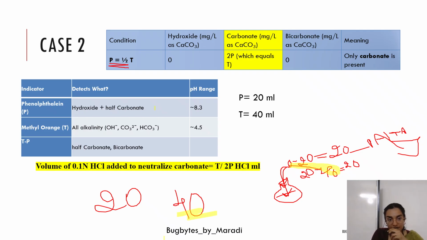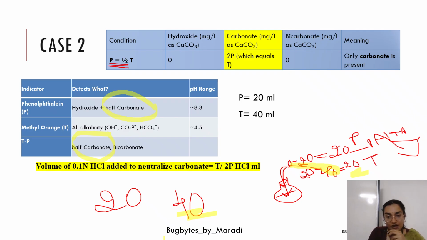So 20 ml neutralizes this half of the carbonate, and the remaining half of the carbonate is neutralized in the remaining section, that is T minus P, the remaining 20. T is nothing but this result that we have got. I'm extremely sorry if I'm making confusion for you. We'll consider this as T and this as P.